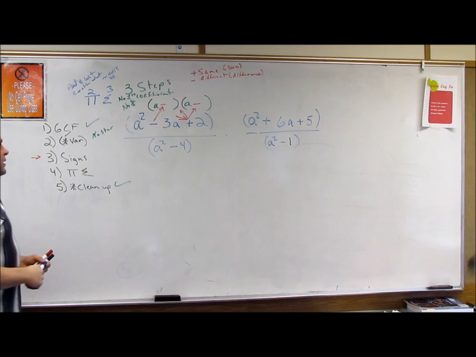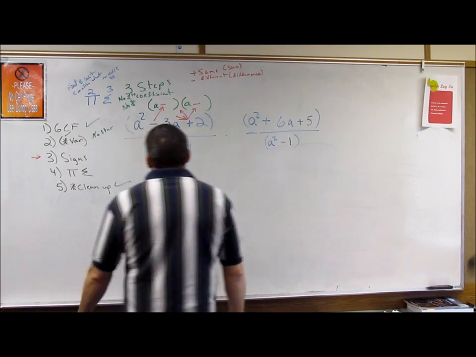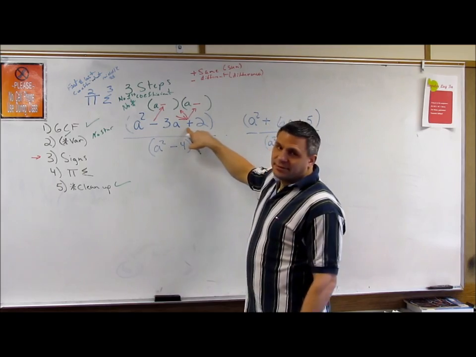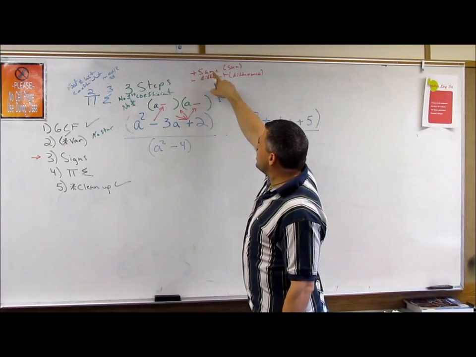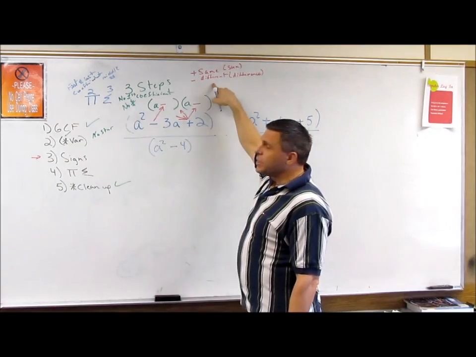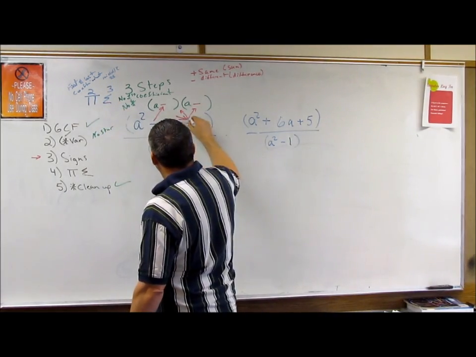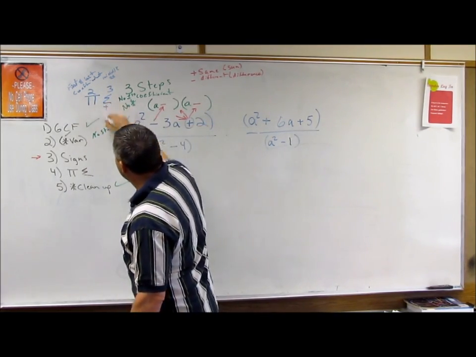Okay? Very important though. Here's the most important part to this thing. When I look at this second sign, this tells me whether they're the same or different, right? It also tells me what I'm doing in the sum. And I'm doing whatever I'm doing here in the sum.